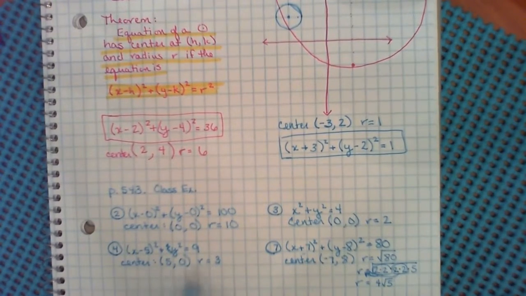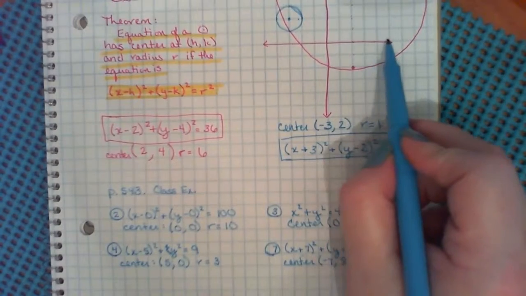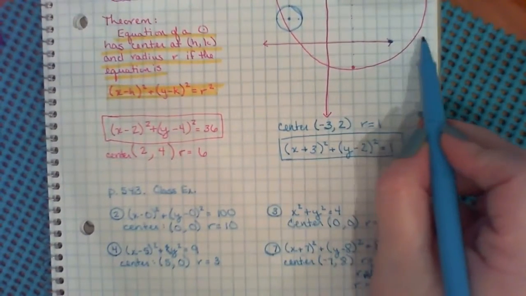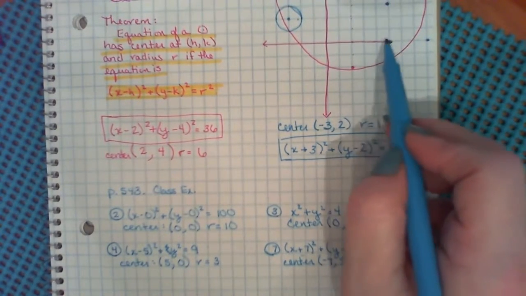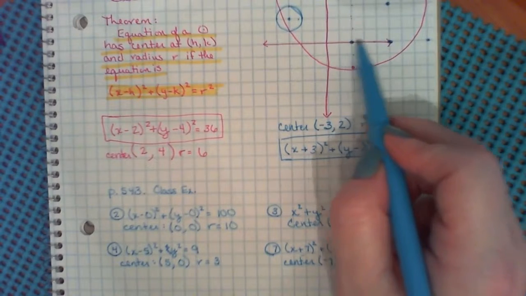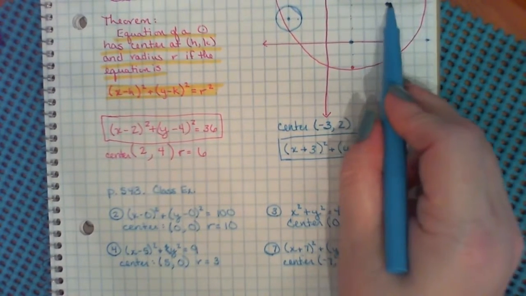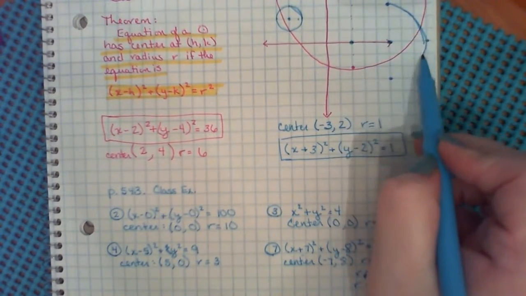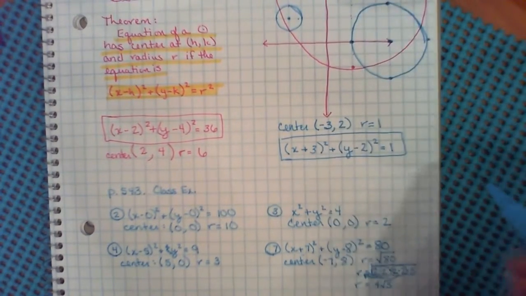If I were going to graph this, I'd go to (5, 0), and then it has a radius of 3. So 1, 2, 3 out, 1, 2, 3 up, 1, 2, 3 back, 1, 2, 3 down. And then you just make it look like a circle. It's called sketching for a reason. It doesn't have to be perfect.